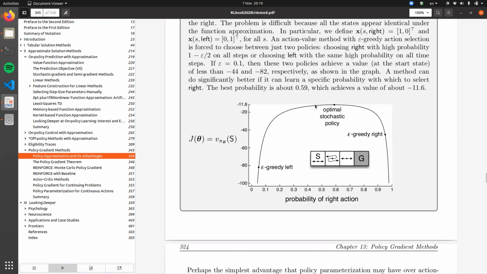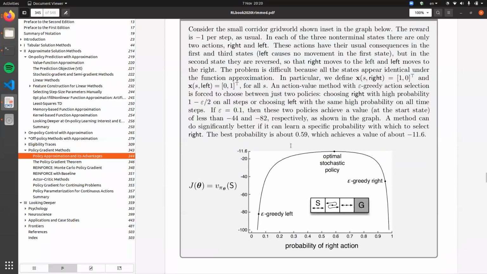You can see there is a flat surface here, between 0.5 and 0.6, where the objective is much better compared to any extreme choice of epsilon greedy strategies.